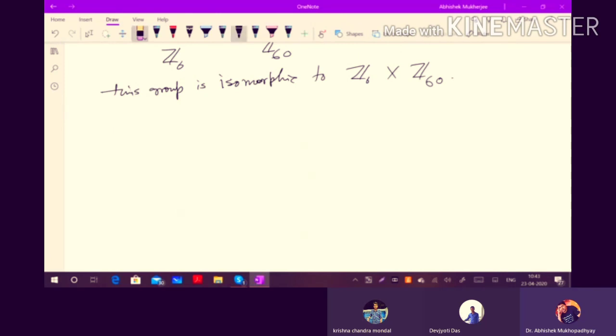So I just finish up by writing the statement of the fundamental theorem of finitely generated abelian groups.